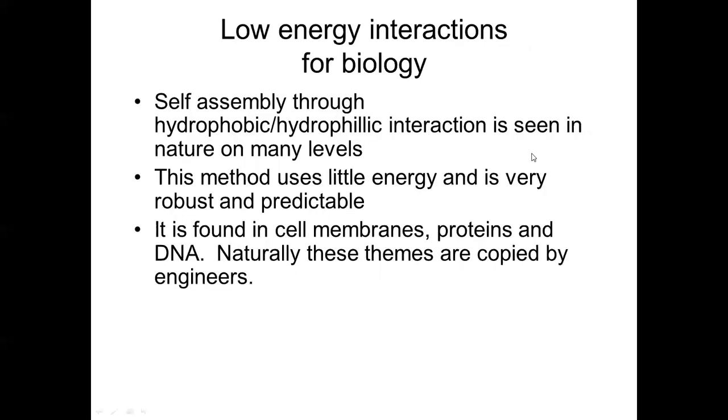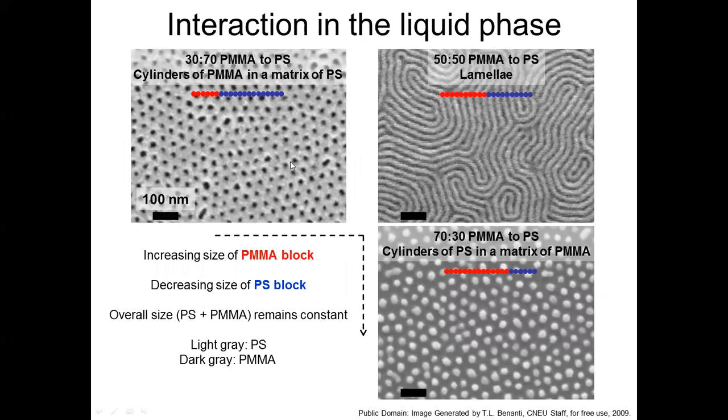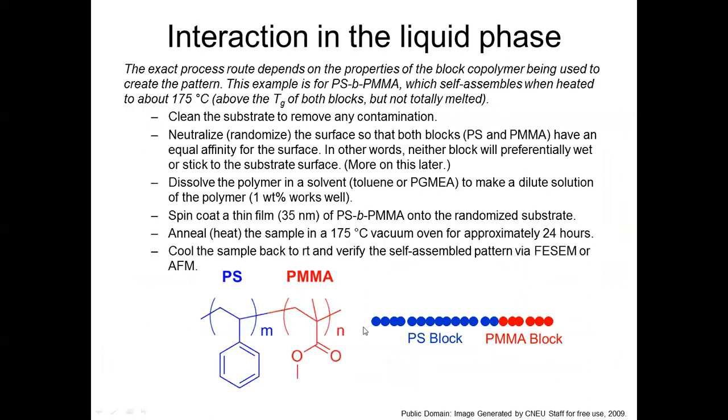Probably one of the bigger disadvantages, let me go back in the slides, for these block copolymers, is that we actually have to apply the thickness of this block copolymer according to the chain length. So this chain length is typically on the order of, say, 40 or 50 microns maybe.